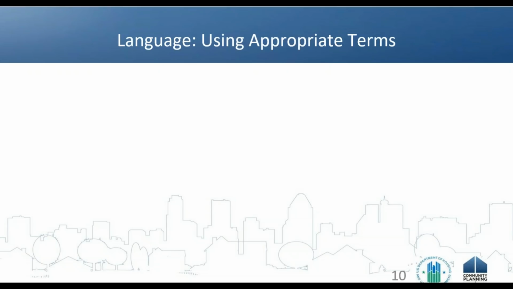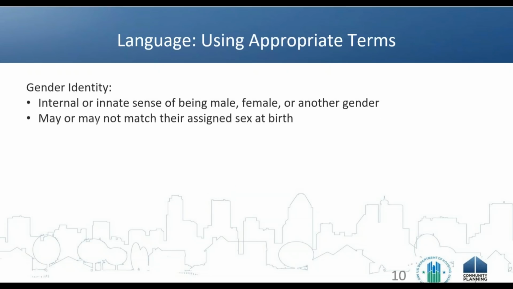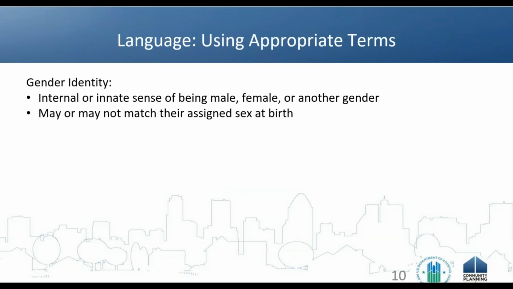So before we get started with the nuance and complexity of the rule, I wanted to start with some very basic terminology and get everybody on the same page. So gender identity is an individual's internal sense of being male, female, or another gender.